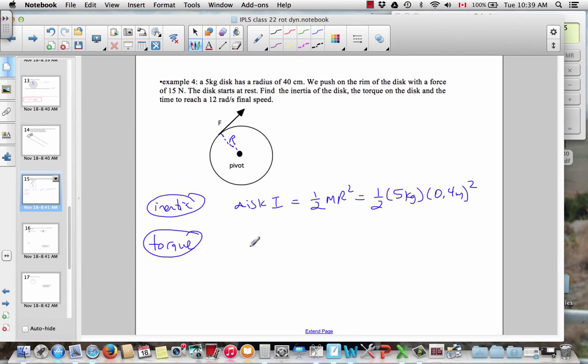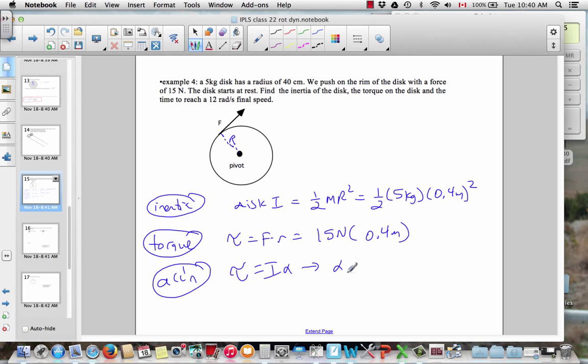The torque is a force times a distance, and we applied a force of 15 newtons, and that acts 0.4 meters away from the axis of rotation, so that's the amount of torque. We can then find the acceleration. Torque is I alpha, which implies the acceleration is the torque over the inertia.